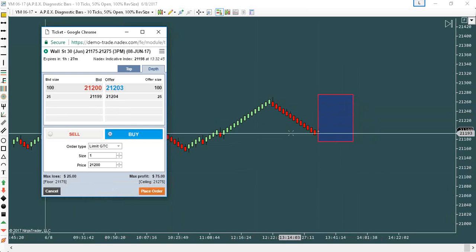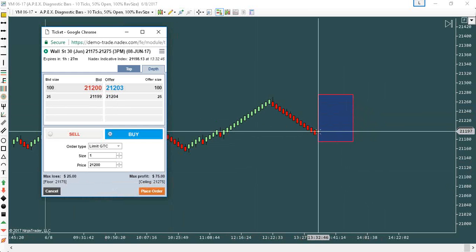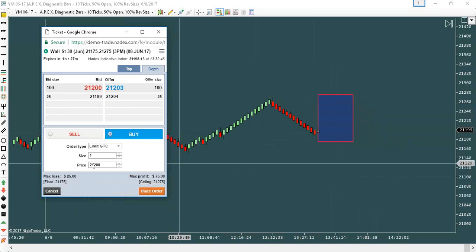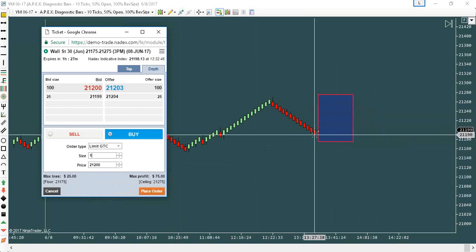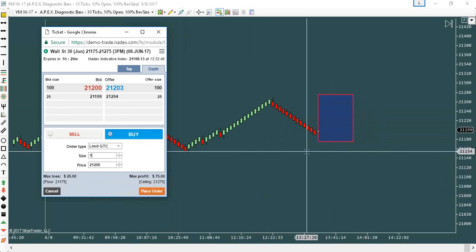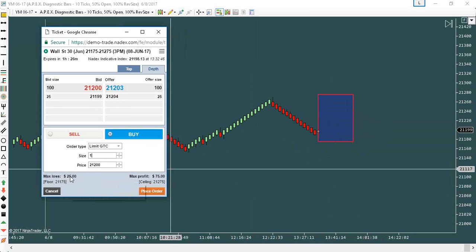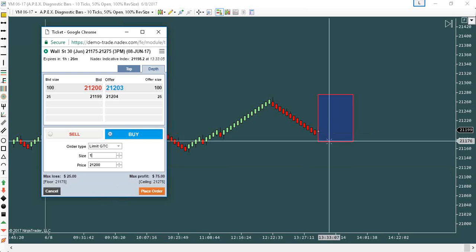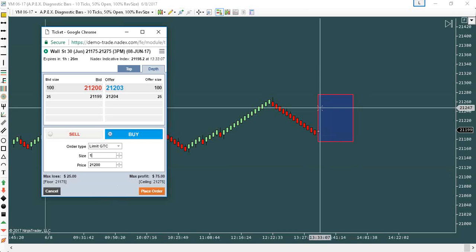What if I got in and bought at 21,200? The market goes down 10 ticks and then expires. It expires at 21,190. So it went down 10 ticks and then expired. Well, I had to put $25 on hold in my account to get in the trade, right?